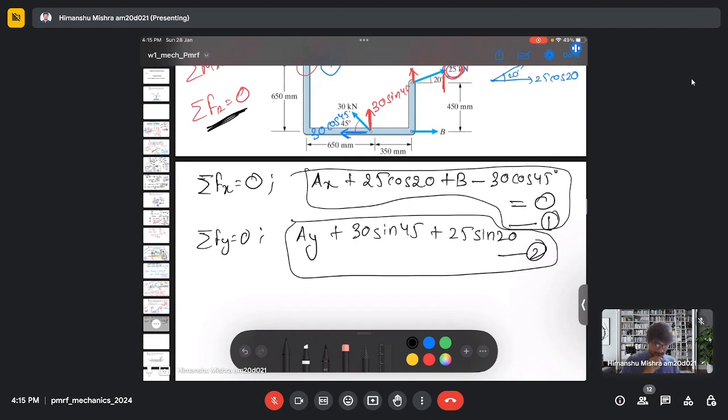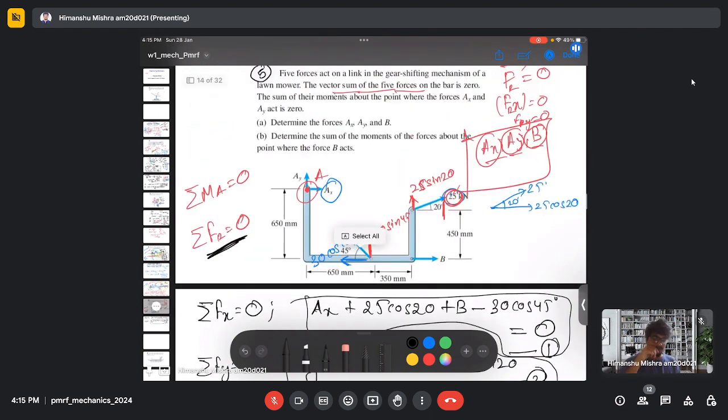And then we are doing the moment balance about point A, because it's written that at point A the overall moment is 0.